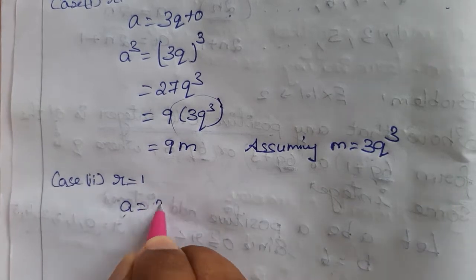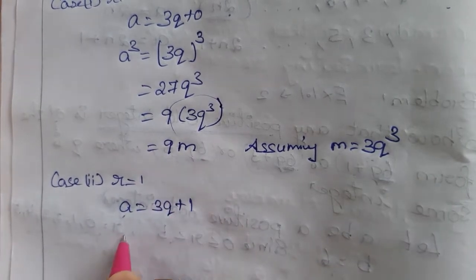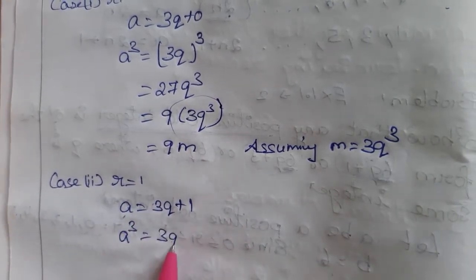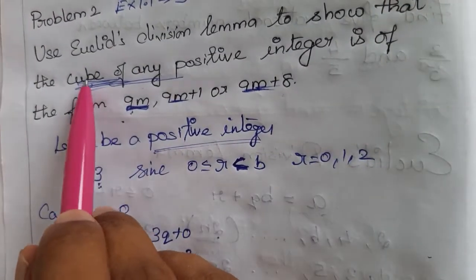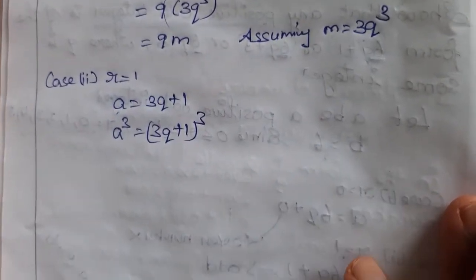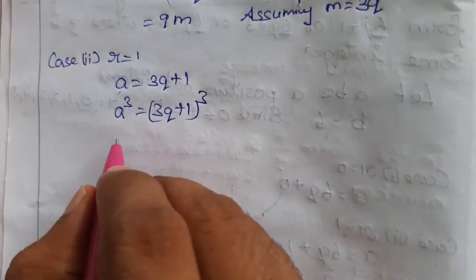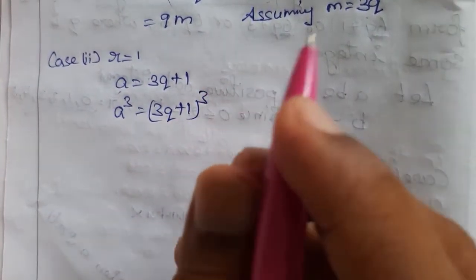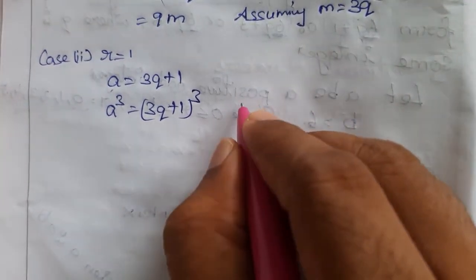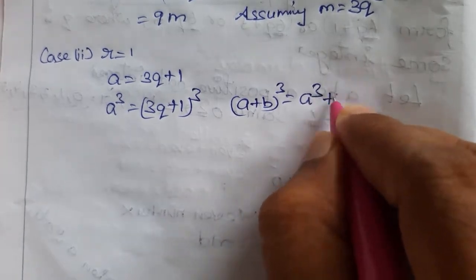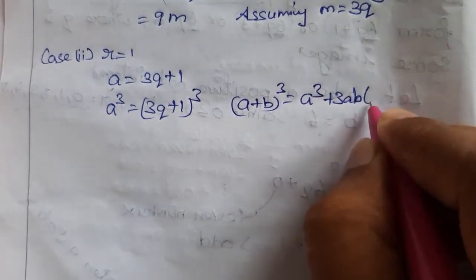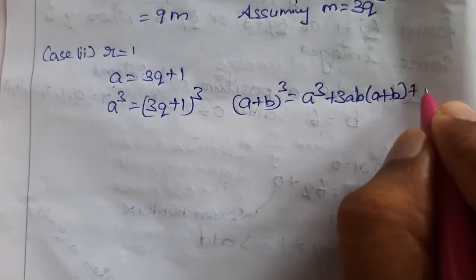So a is equal to 3q plus 1. So a cube is equal to 3q plus 1 the whole cube, because the question says to take a cube. Here we want to apply identities that we already learned. What identity? a plus b the whole cube is equal to a cube plus 3ab into a plus b plus b cube.